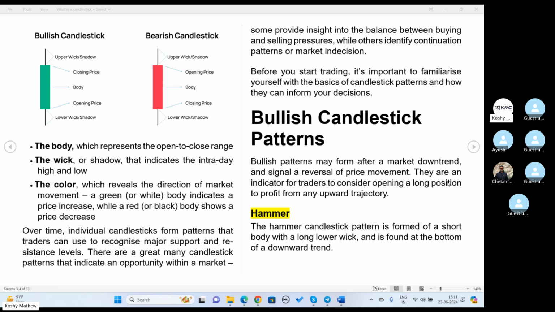It has a thin upper body but a longer wick, which denotes a bullish trend. But we need to understand where that hammer forms, and based on that, decide whether it is bullish or bearish. All right, so let's go to the next one.